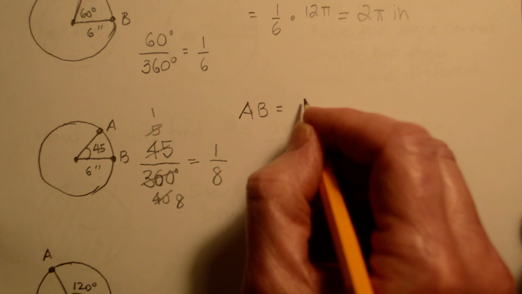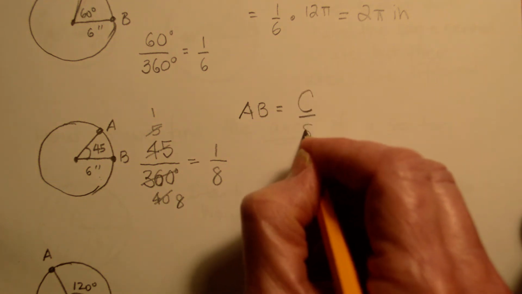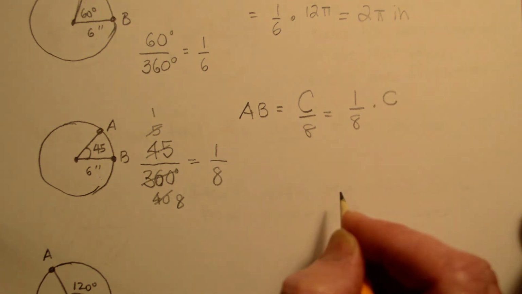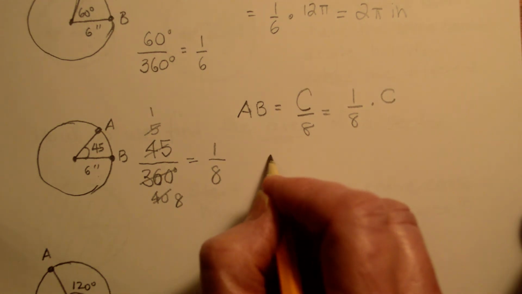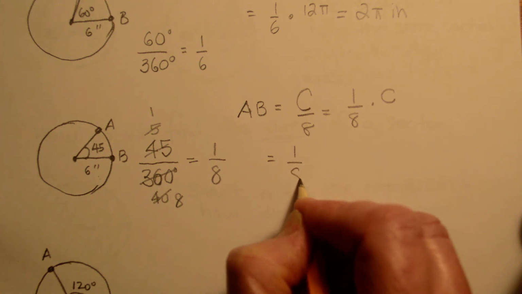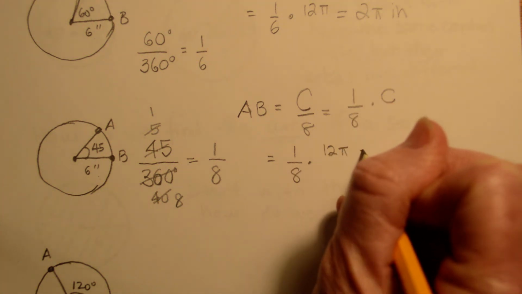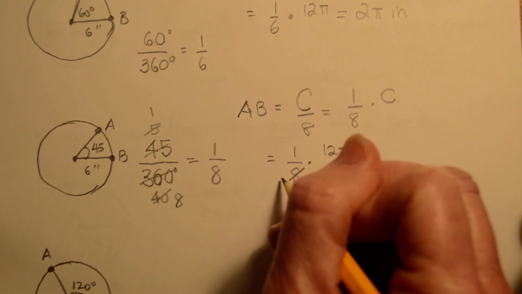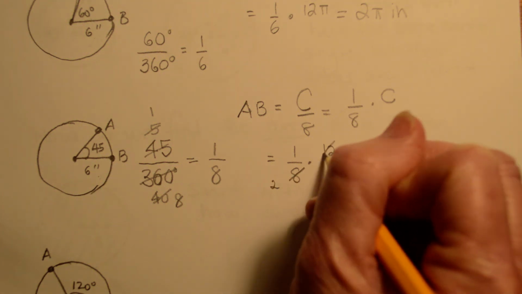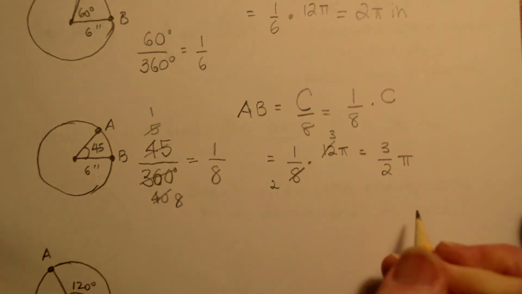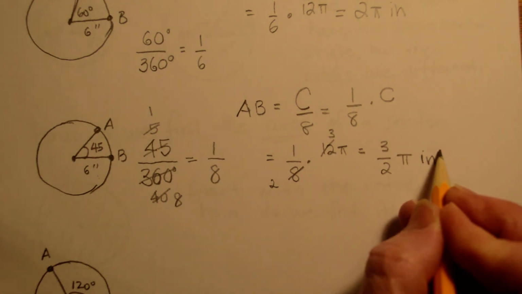So we would take either circumference divided by 8 or 1/8 of the circumference, and we would get 1/8 times 12 pi. 4 goes into 12 3 times, and 4 goes into 8 twice, so we would end up getting 3/2 pi inches, or 3 pi over 2 inches.